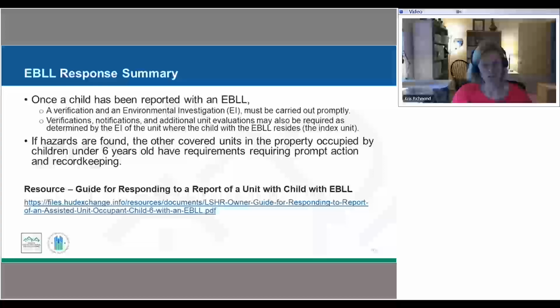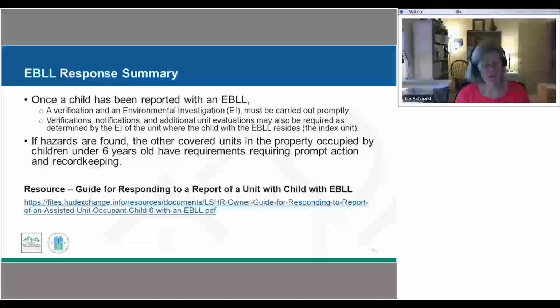It includes evaluating other locations that the child may spend time at. Remember, Les was saying it's very possible the child did not have an elevated blood level from the unit they're living in. It might be because they're at grandma's house every afternoon, and grandma's house might have lead-based paint. So the environmental investigation helps to figure out where the source of lead is happening.